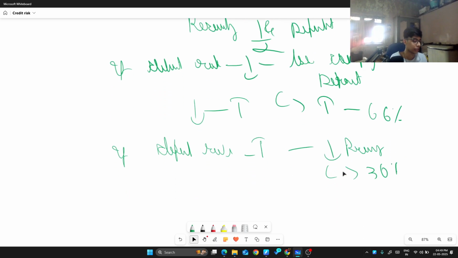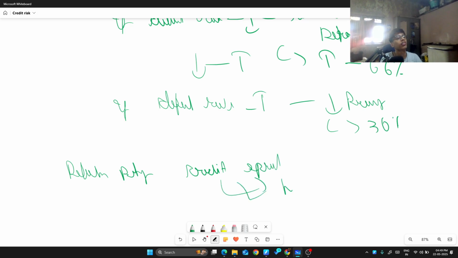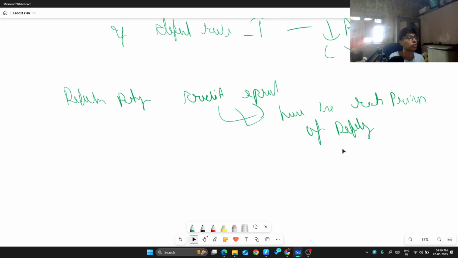And there is a formula or a relationship with credit spread. Credit spread has the risk premium of default. So what is the risk premium of default? There is a bid ask price quote, right?